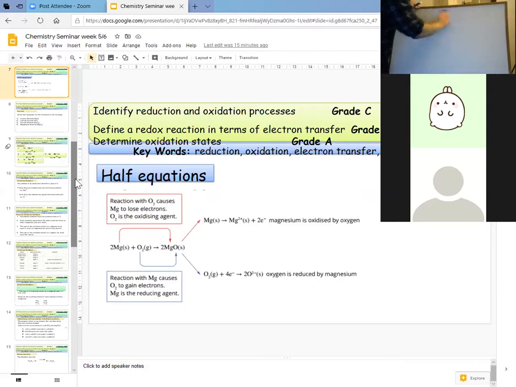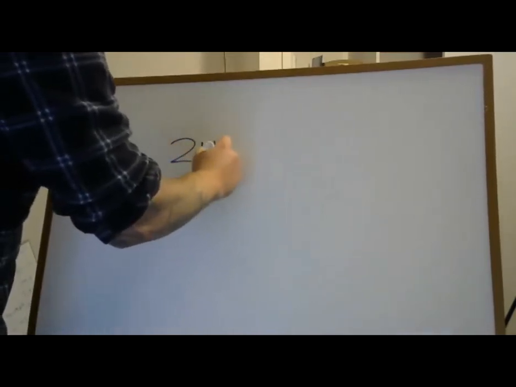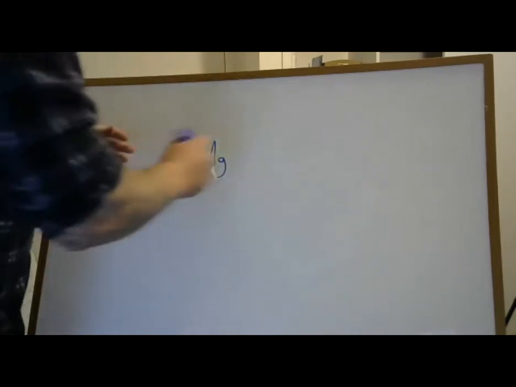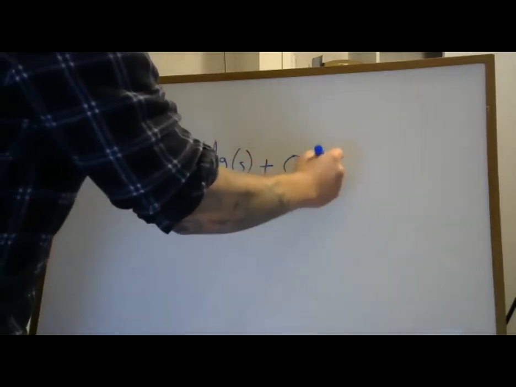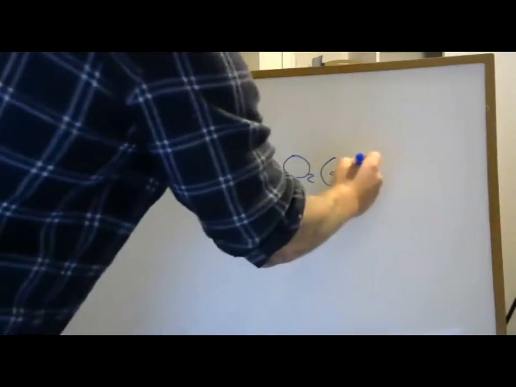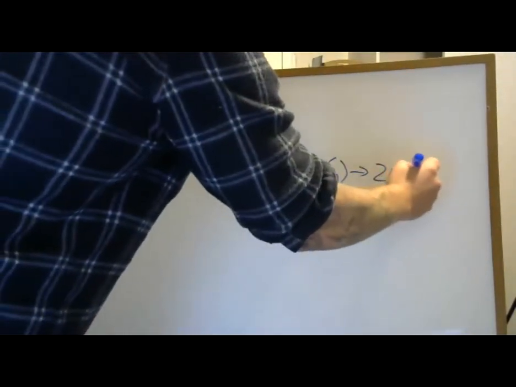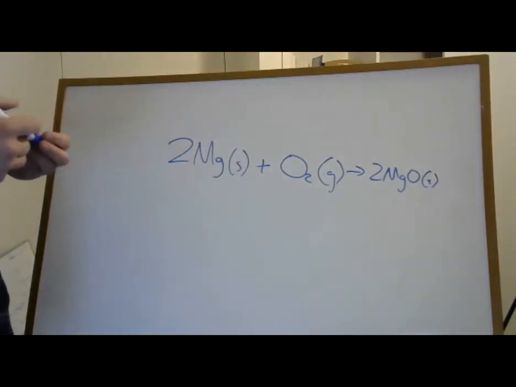So we'll have 2 Mg solid, so that just denotes that it's in a solid state, and oxygen is a gas, produces 2 MgO.